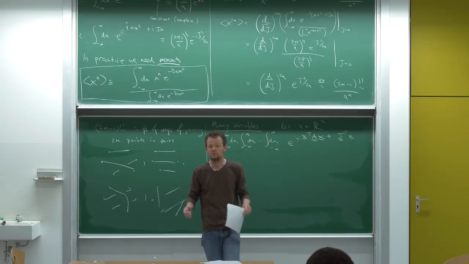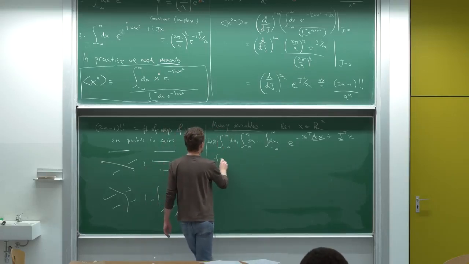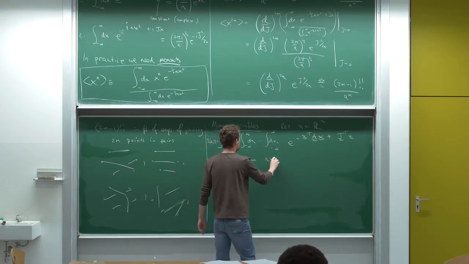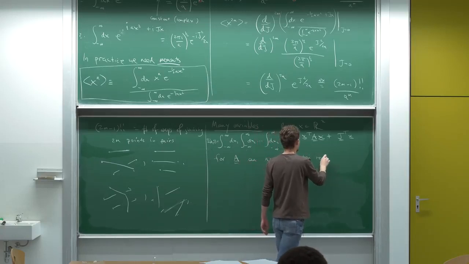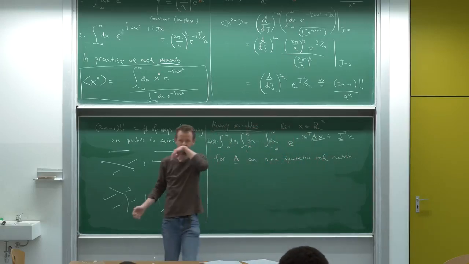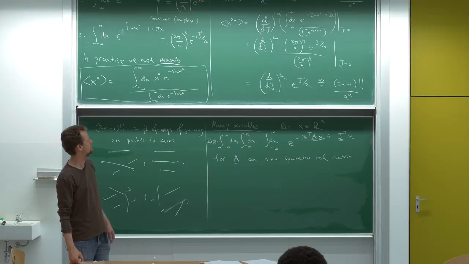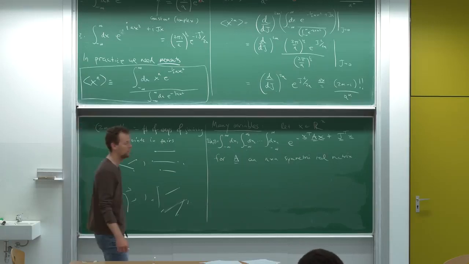I'll remind you how we do this integral. So, I didn't tell you something. For an n by n symmetric real matrix. So step one is to turn this exponent of lots of things into something that looks like something we've done before.